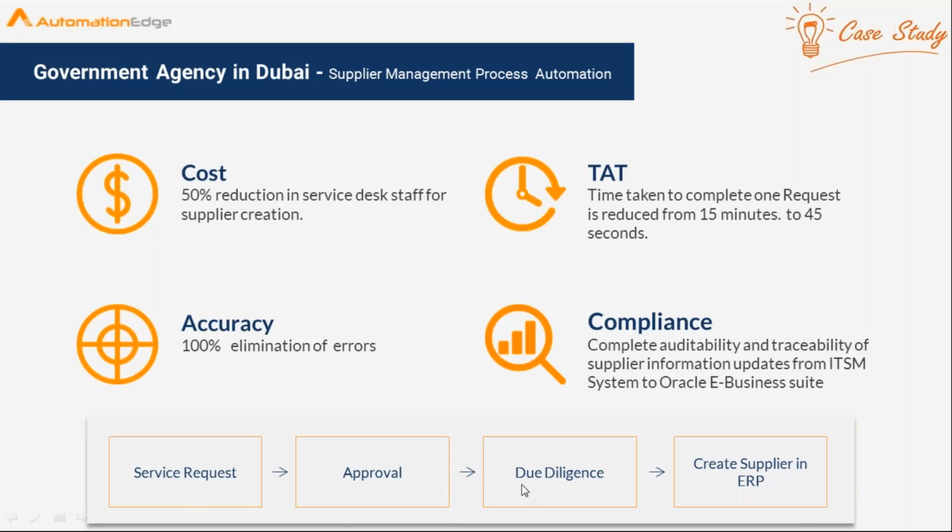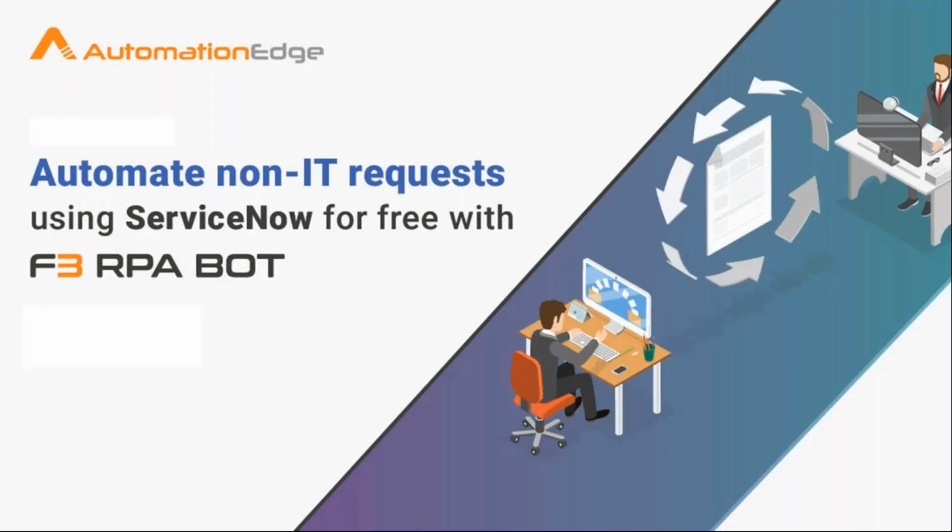Once that approval is done, doing the due diligence and then creating a supplier, the effort where humans were involved, is now done by the bots. That's where the savings are, and that's where the other benefits are. Importantly, compliance: the bank account details and all that are handled by the bot, which has no intentions, and there is full traceability from the ServiceNow system of who added a new supplier.